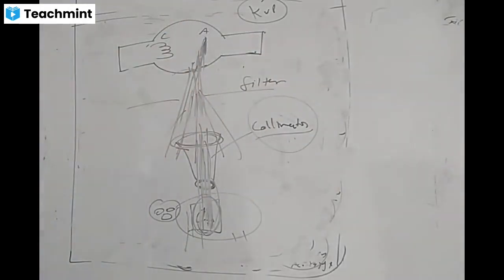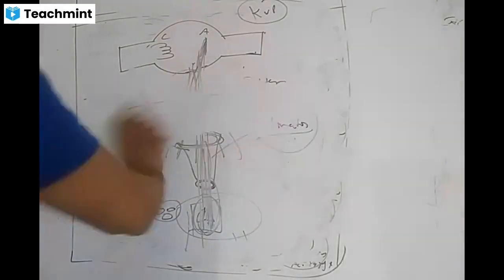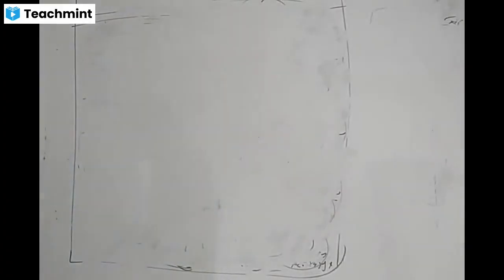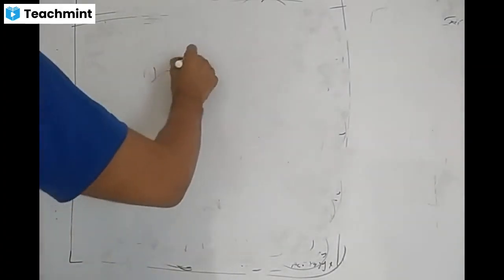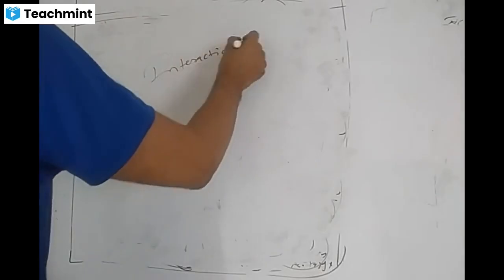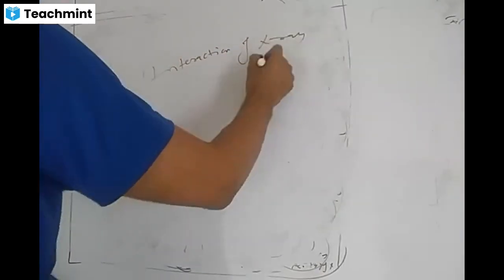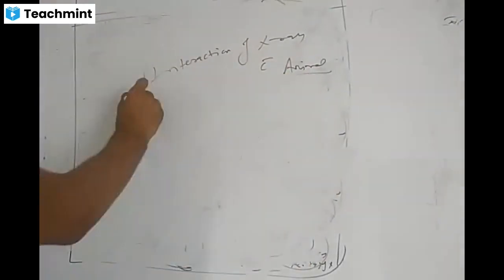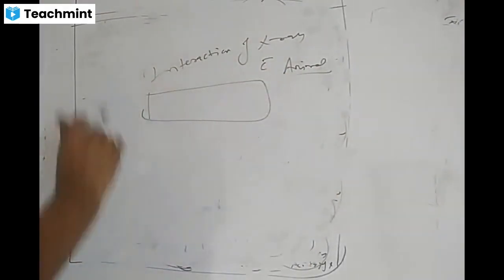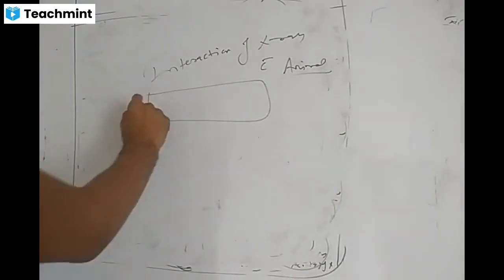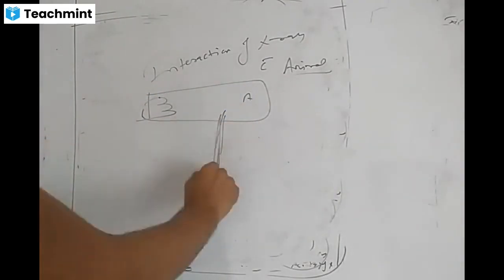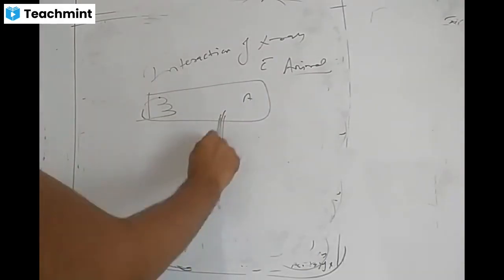So we stop our topic at this step. In the next video, we'll cover the interaction of X-rays with the animal body. In today's lecture, we have seen the cathode, anode, and we have produced a divergent X-ray beam and made it directional with the collimator.